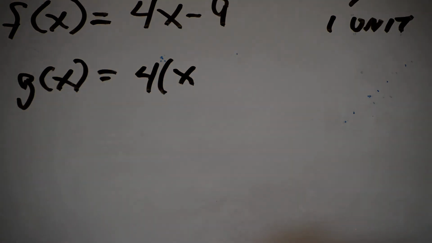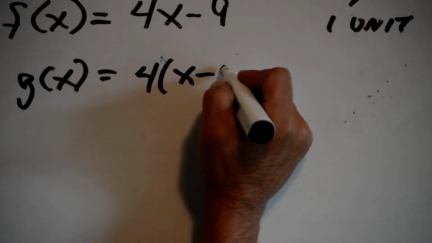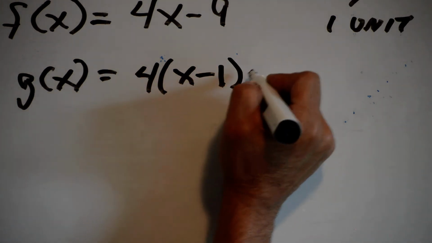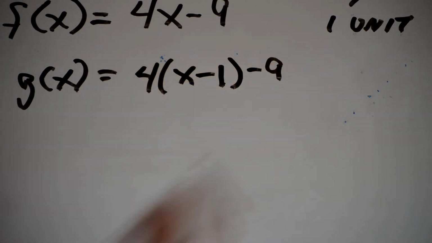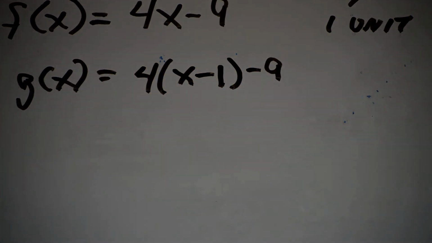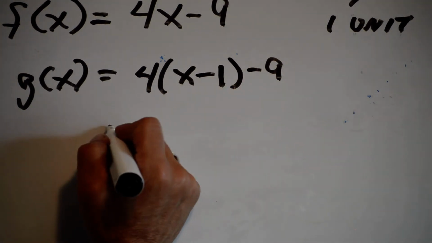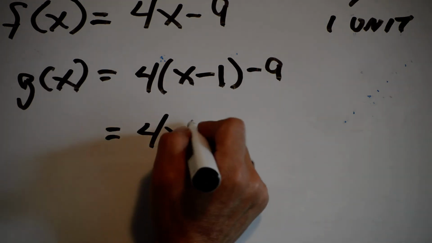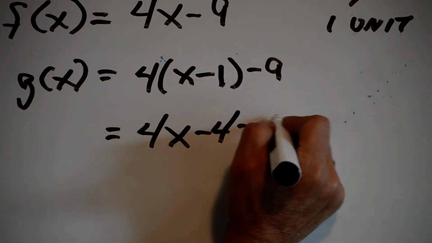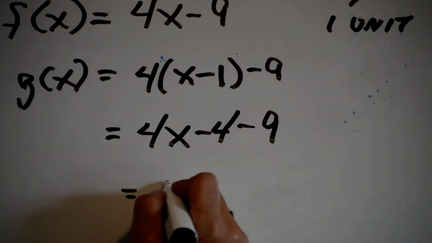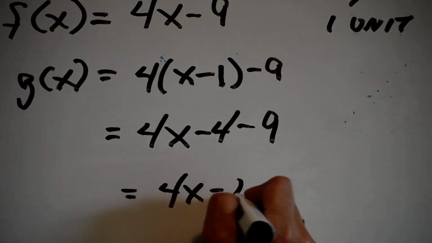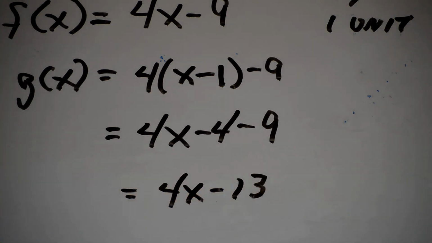And since we're going to the right, I have to have the opposite sign: 4(x minus 1) minus 9. Again, it's going left or right, you have to put it in the parentheses. Since it's going to the right, I need the opposite sign. Now distribute, this becomes 4x minus 4 minus 9, which is equal to 4x minus 13. Easy enough, I hope.